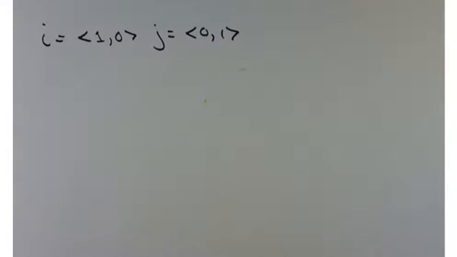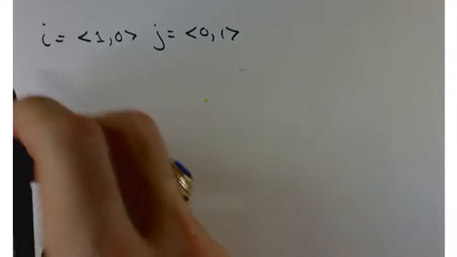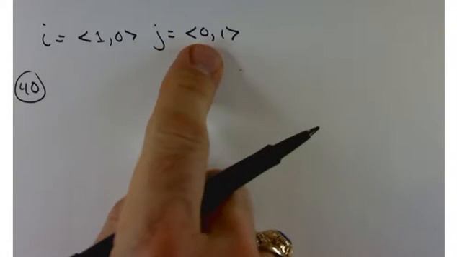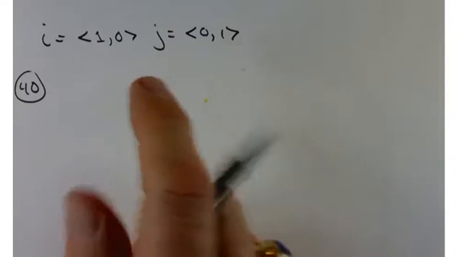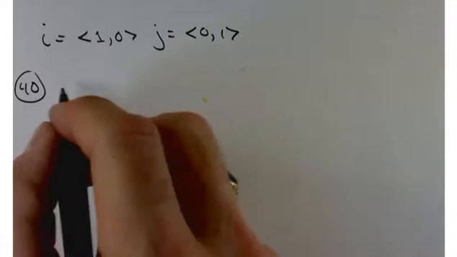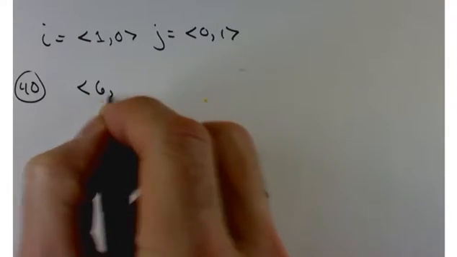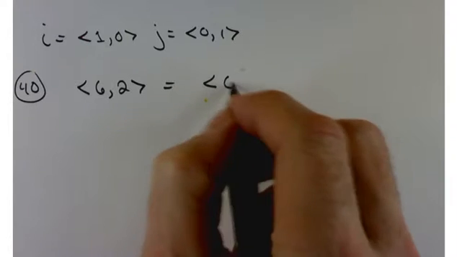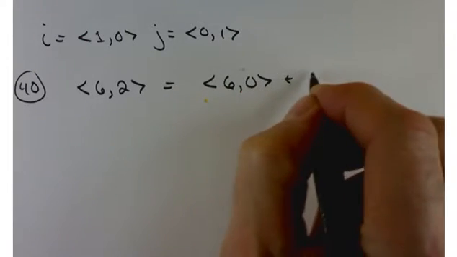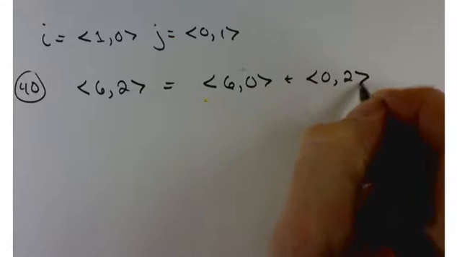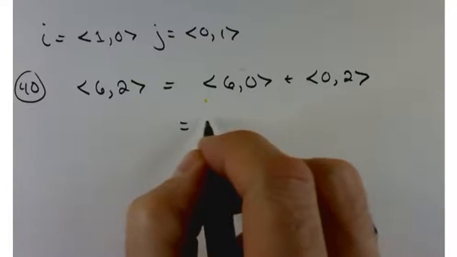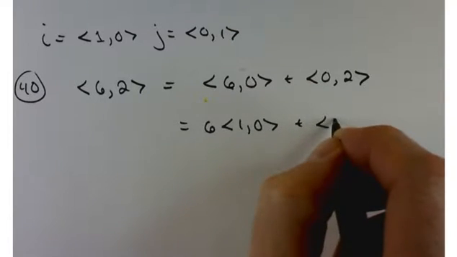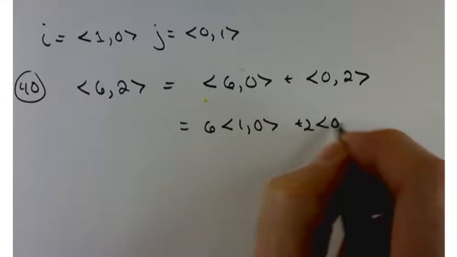But when we're working with certain vectors, like problem number 40, we can use these to express them in different ways. For instance, if I had the vector 6, 2, I could think of that as the vector 6, 0 plus the vector 0, 2, splitting them up. Or I could think of it as 6 times 1, 0 plus 2 times 0, 1.